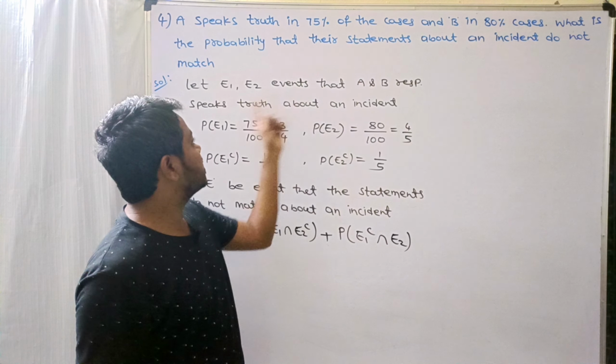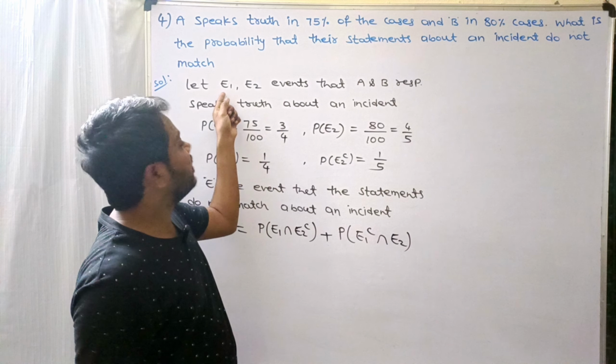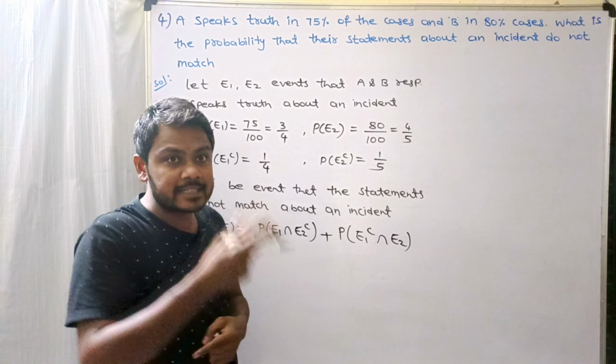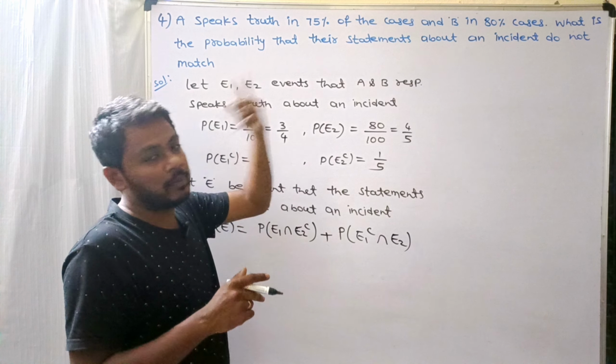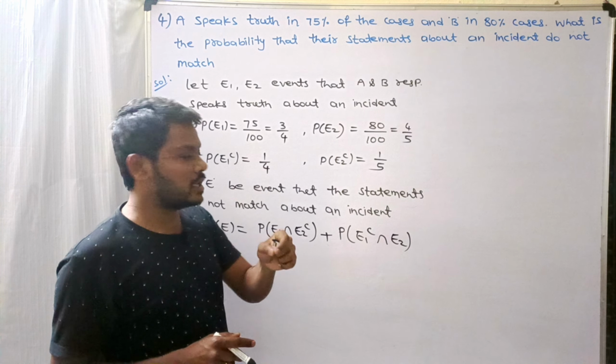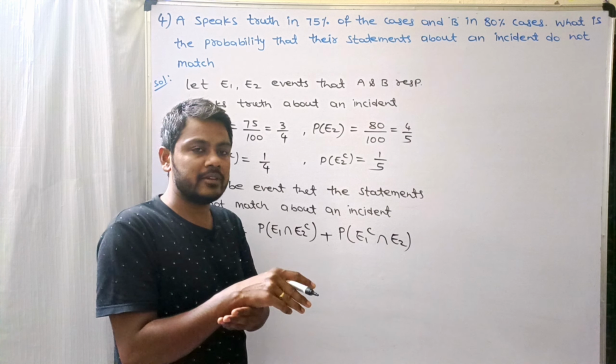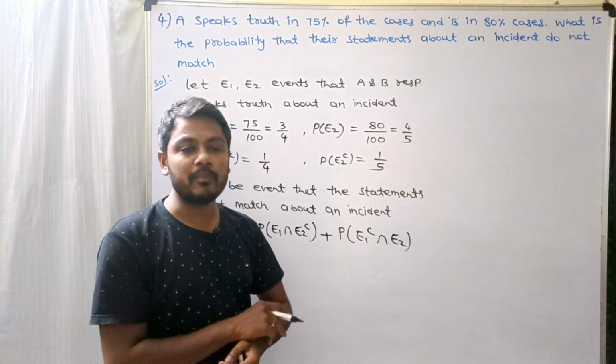Here A speaks truth is event E1. A tells lie is the complement. Next, B speaks truth, which means we can take E2. B tells lie, we can take its complement.